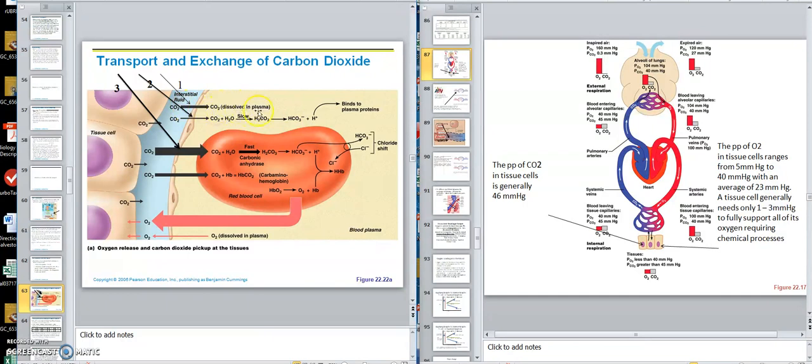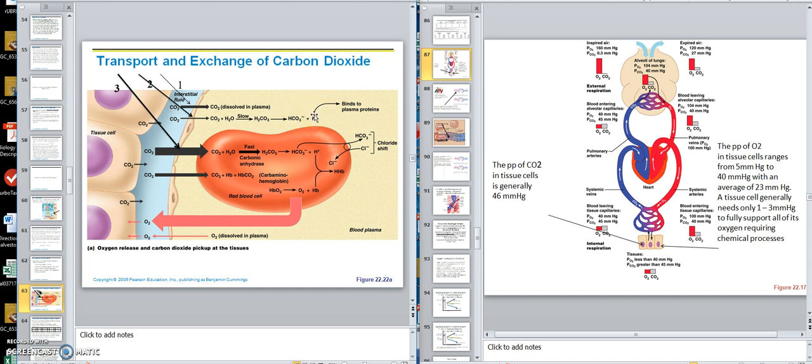Some CO2 just dissolves. Some CO2 gets into this water in the blood, and through a non-enzymatic reaction does this. Instead of dissolving, it forms carbonic acid, dissociates, forms the bicarbonate anion complex, and here's the H+.